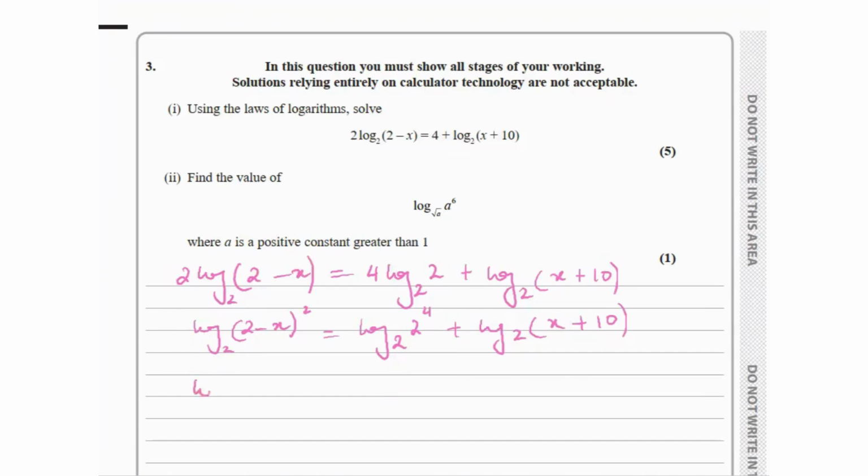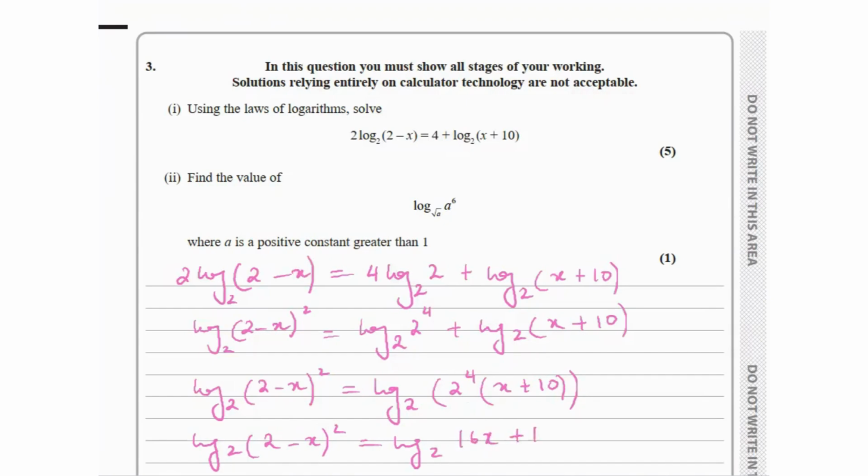So basically, it's going to look like this. Log of 2 to the power 4 times x plus 10. So that is going to be 2 to the power 4, 16, 16x plus 160.